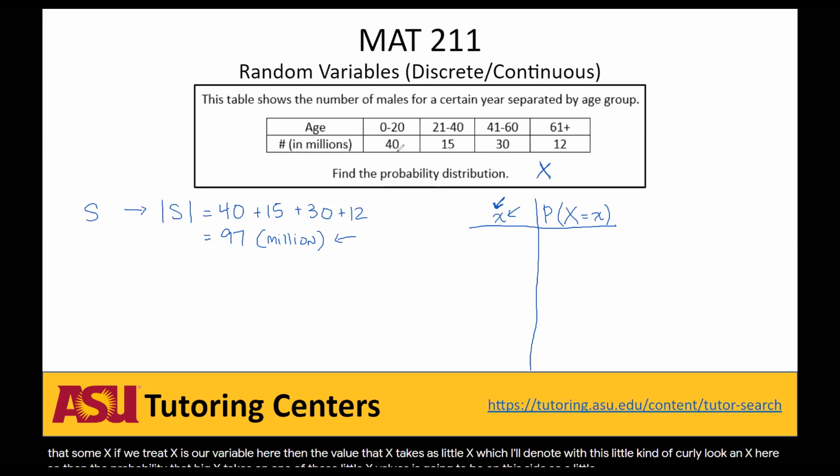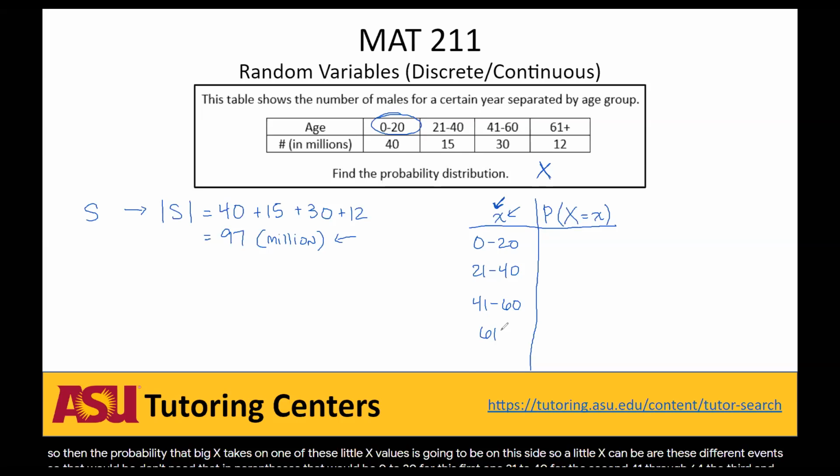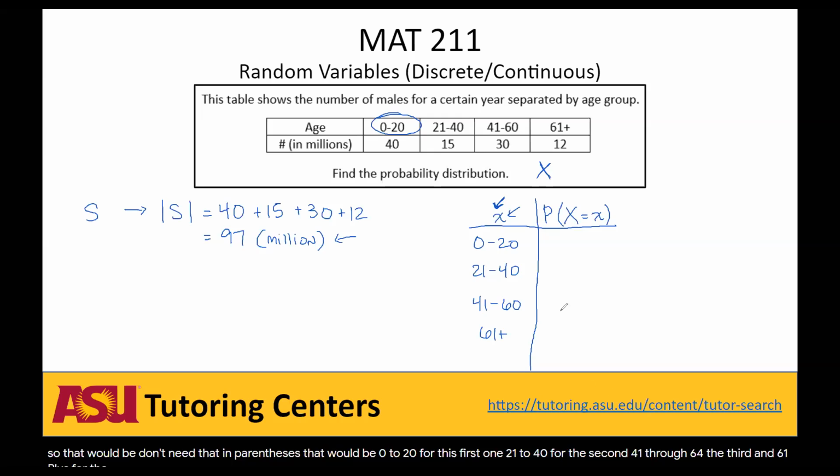Little x can be these different events: 0 to 20 for the first one, 21 to 40 for the second, 41 through 60 for the third, and 61 plus for the fourth.